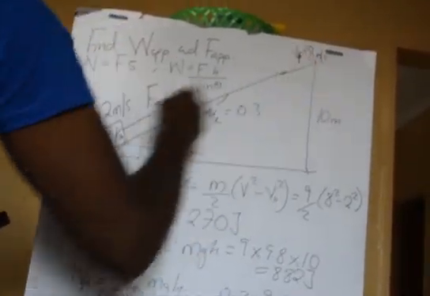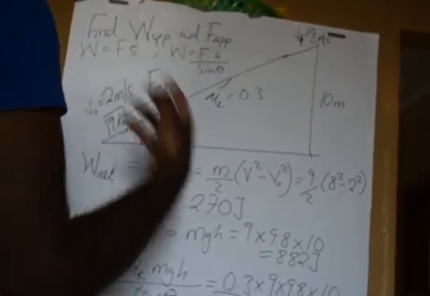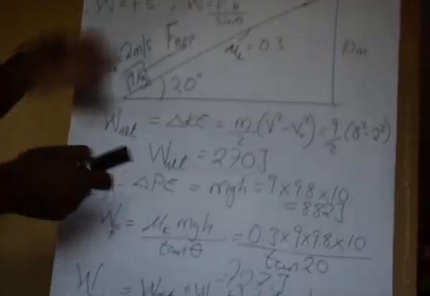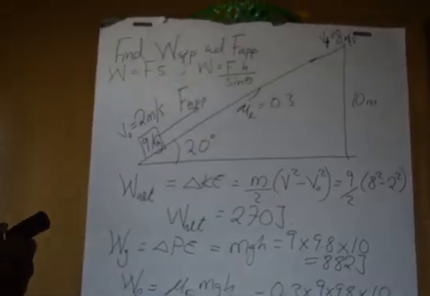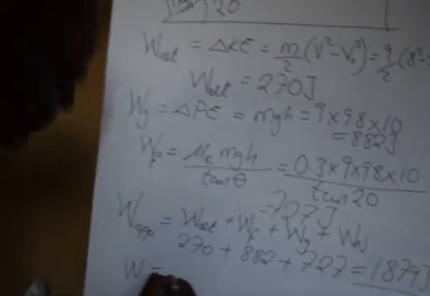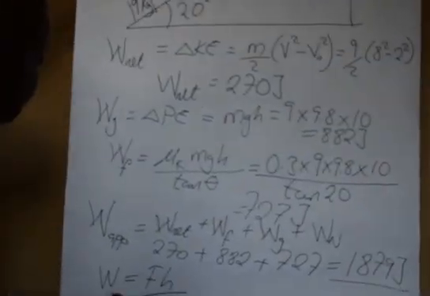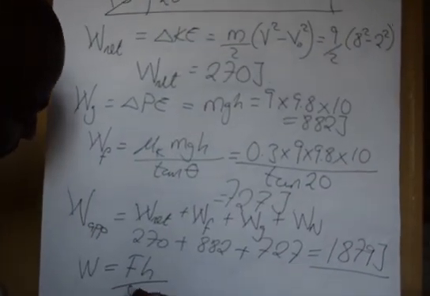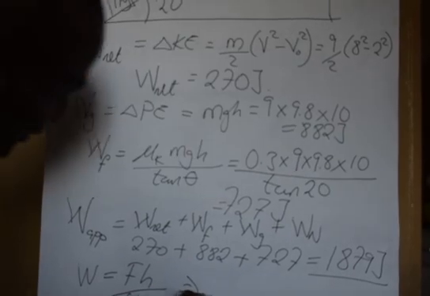Because, remember your SOHCAHTOA, sine is opposite over hypotenuse. So that's how you work it out. So work is F H over sine theta.